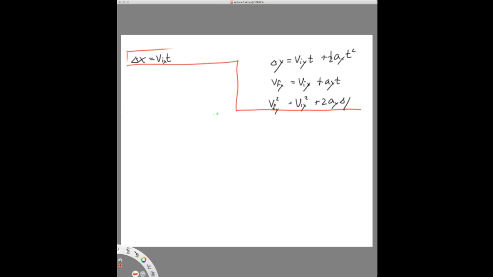Now, suppose we have a cliff, and maybe the height is 20 meters. And a soccer player, name your favorite soccer player. Ronaldo? Who's your favorite soccer player?